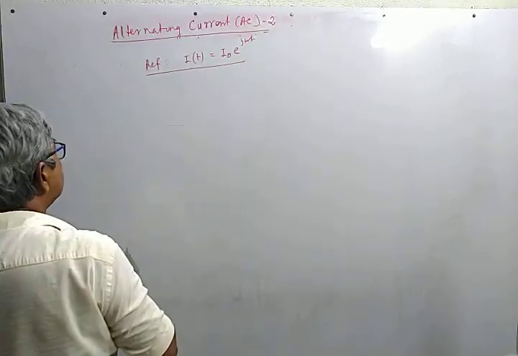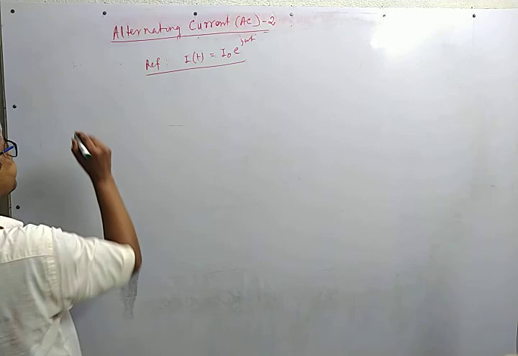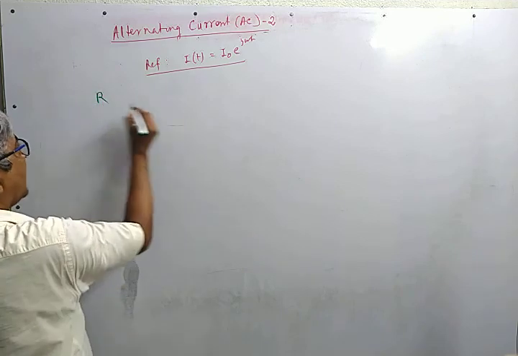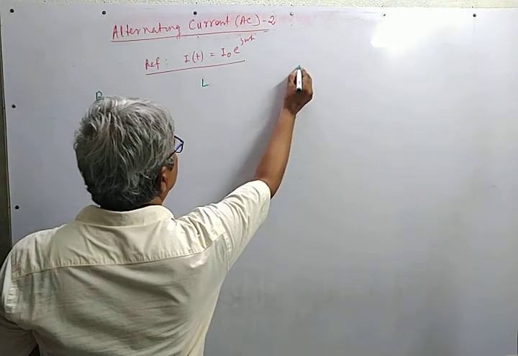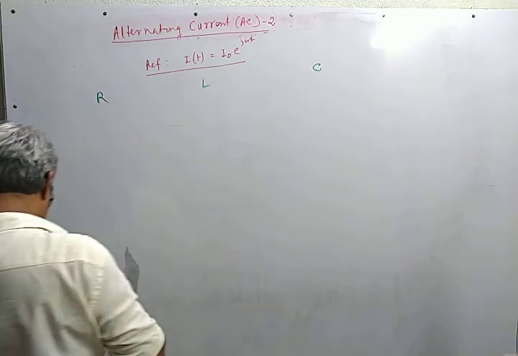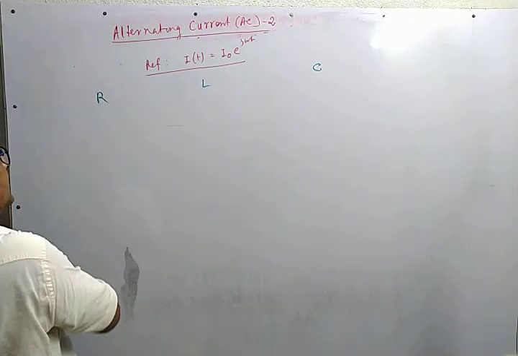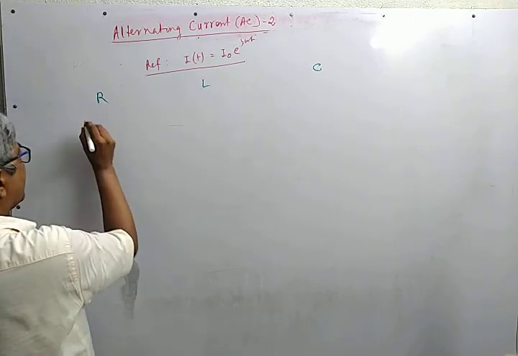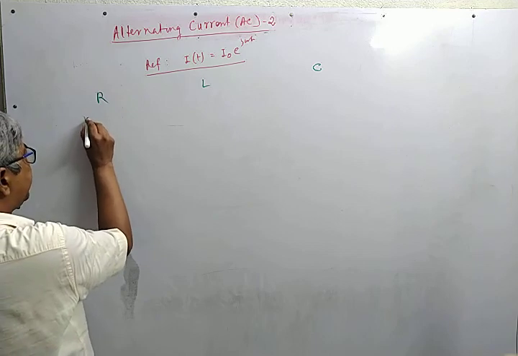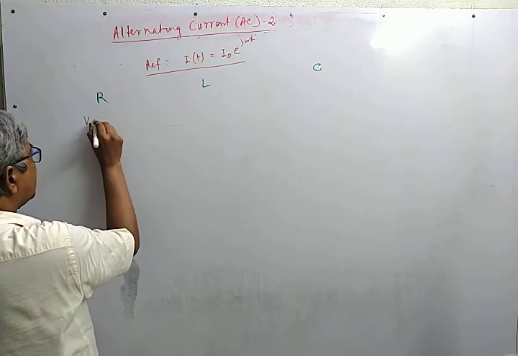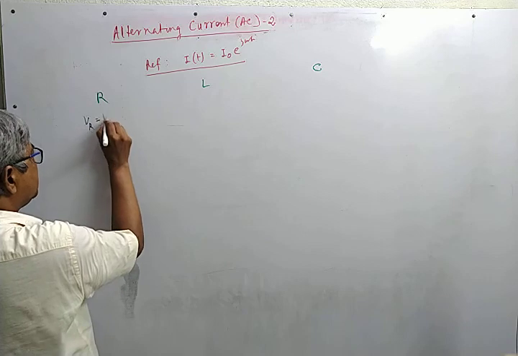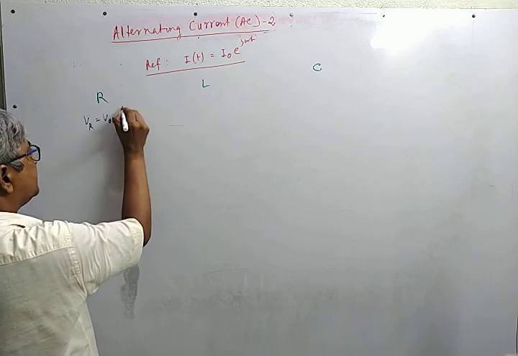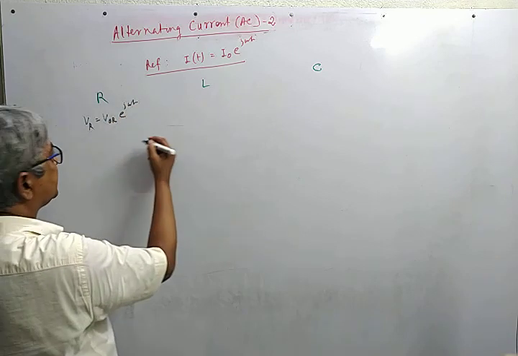The circuit elements are R, L, C. The VR is equal to V0R e to the power j omega t.